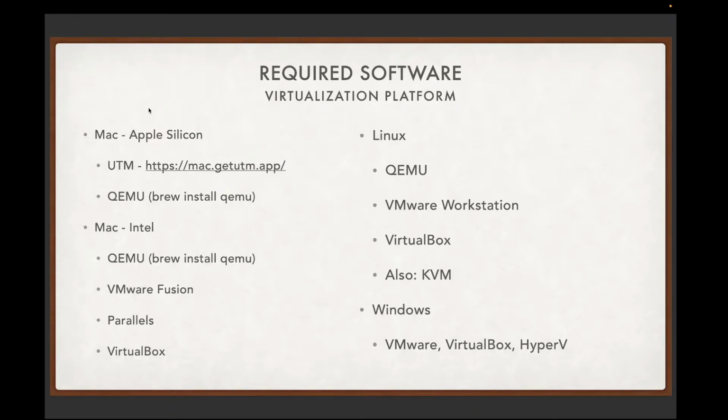Fortunately, if it's virtualized, that means that it can work on an Apple Silicon Mac, it can work on an Intel Mac, it can work on regular Linux, and it can also work on Windows. On Apple Silicon, I'm going to be showing UTM and QEMU today, but you can run QEMU on pretty much everything: Intel Macs, Linux, and even Windows.